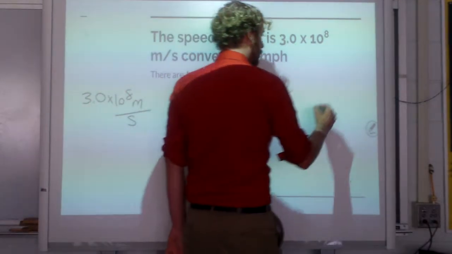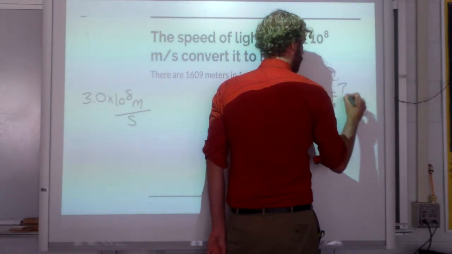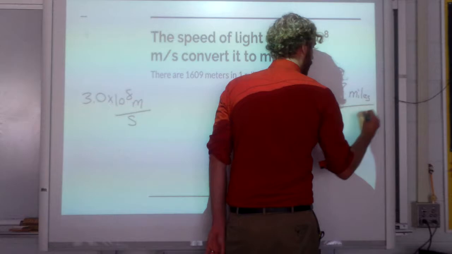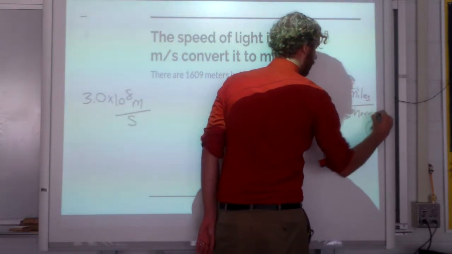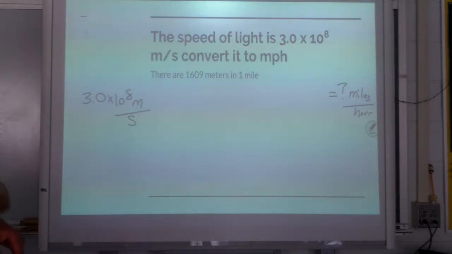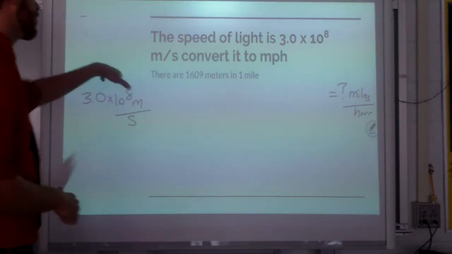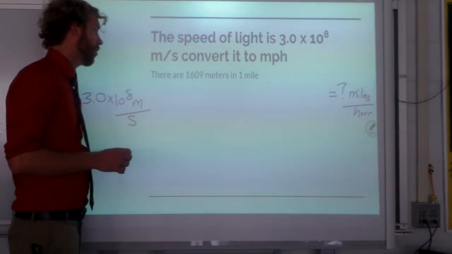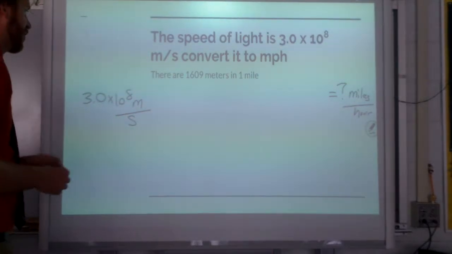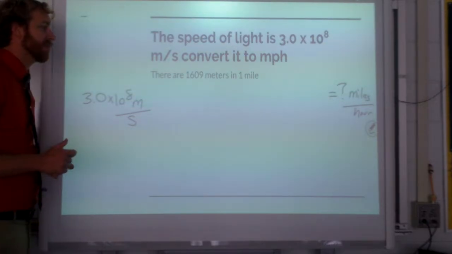Where we're trying to go to is miles per hour. So there's kind of our roadmap. I also gave you that there are 1,609 meters in 1 mile, so you have that conversion for you. So let's go ahead and take care of meters first.